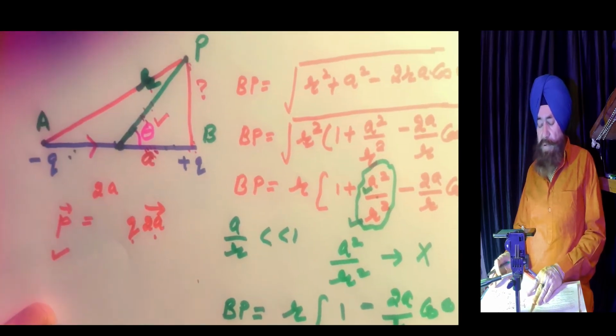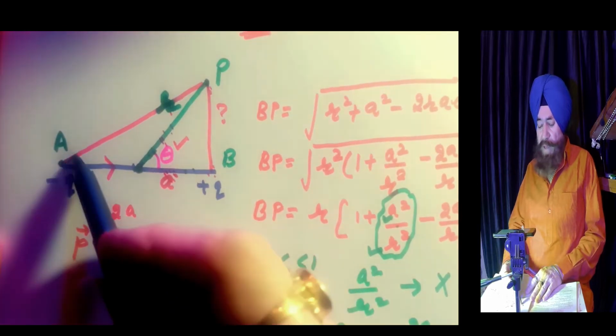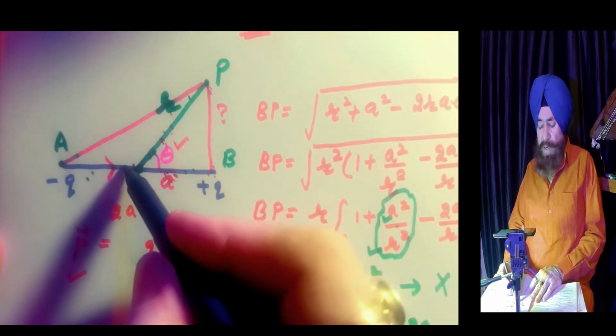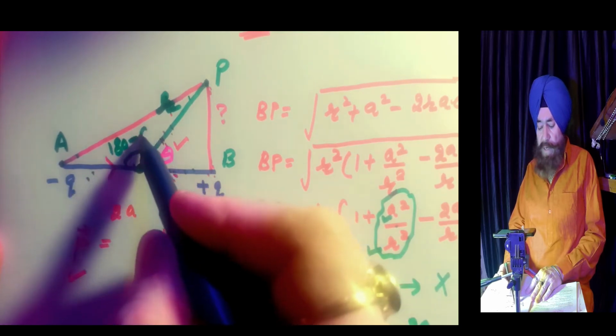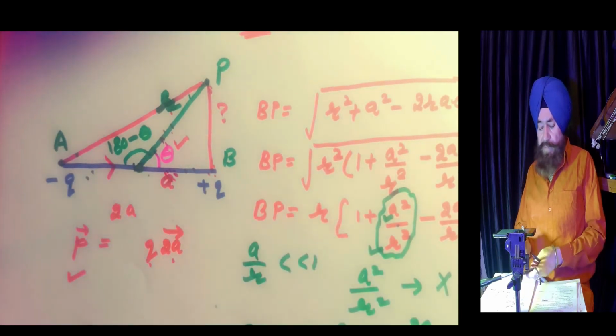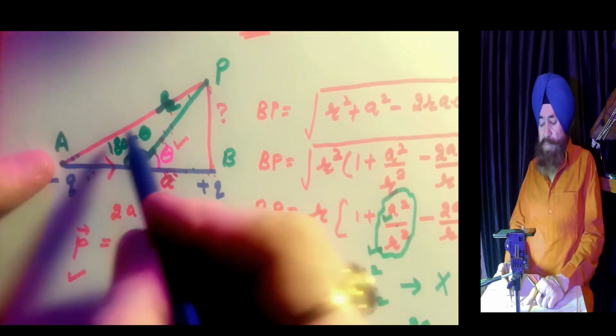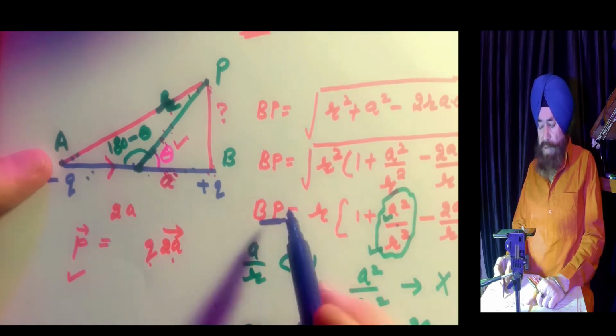Now similarly, you can find the value of AP. Here the angle is 180 minus theta, because this is theta and the total angle is 180. Now what is the AP length?